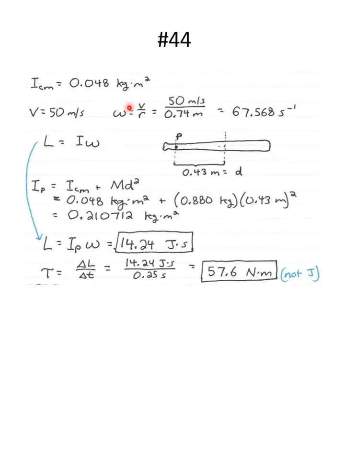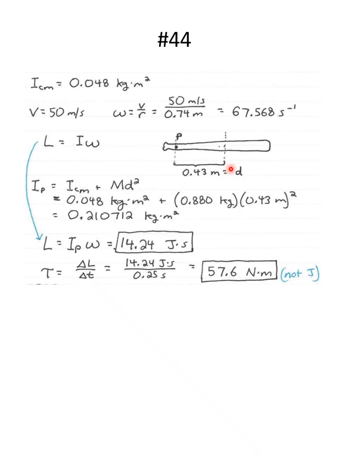So omega is v over r, and it says the point is moving 50 meters per second. And then we need to read the problem to see what point we are talking about. It says the far end moves at 50 meters per second, and it's being rotated about point P. So this is 0.43 meters.